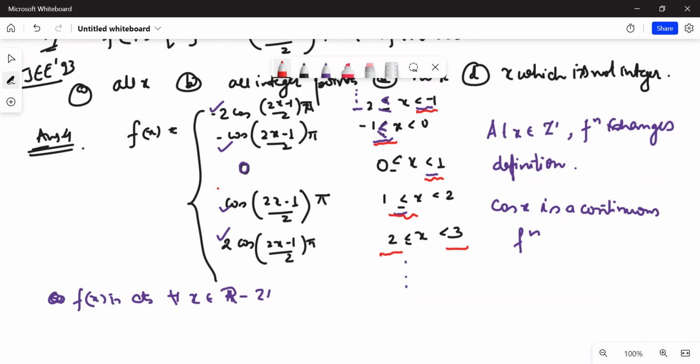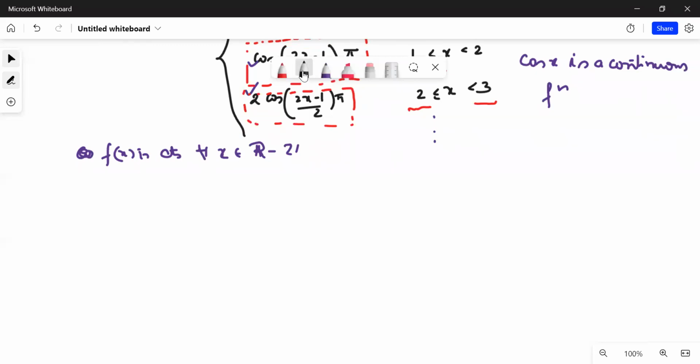ये तो समझ में आया ना. देखो ये इंडिविजुअली फंक्शन देखो, कोसाइन एक्स तो कंटिन्यूस होता है, राइट? कैसा भी लिखा हो, कोसाइन 2x समथिंग लिखा हो तो भी कोई फर्क नहीं पड़ने वाला. कोसाइन एक्स इज अ कंटिन्यूस फंक्शन, कोई दिक्कत नहीं. बट व्हाट अबाउट at the juncture where you are changing the definition? So I'll write here, at integers one need to find.